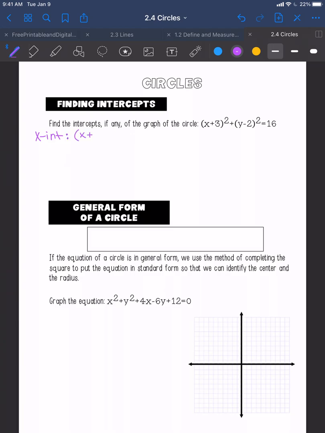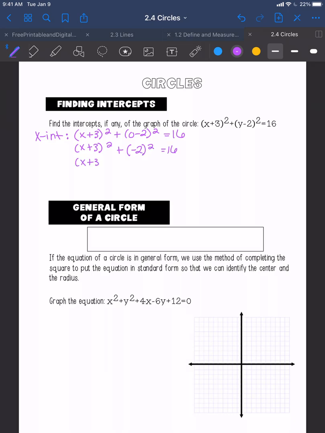So x plus 3 quantity squared plus y minus 2 quantity squared, except we're plugging in 0 for y, equals 16. So we're going to leave this as x plus 3 quantity squared plus, this is going to be negative 2 squared equals 16.